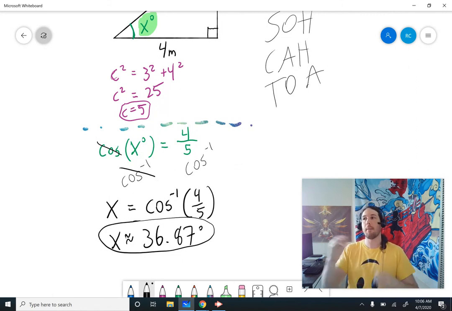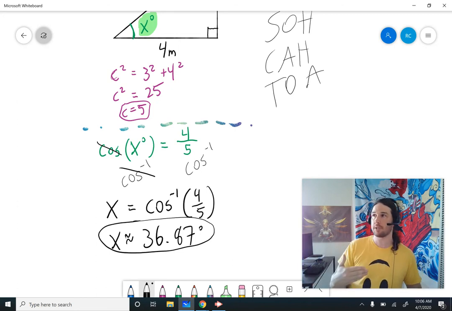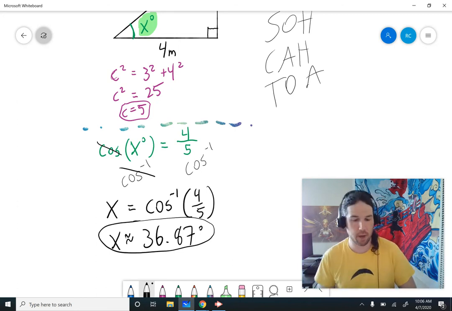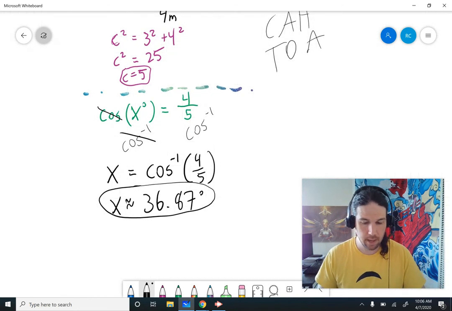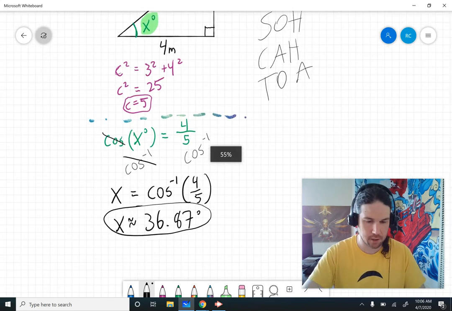It's always going to have a bigger number on the bottom of the fraction and a smaller number on the top. It's impossible for cosine to spit out anything that's bigger than 1. There is no ratio of adjacent over hypotenuse that will give you a number that's more than 1.